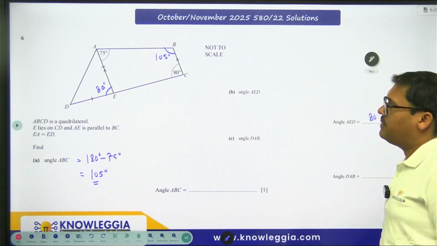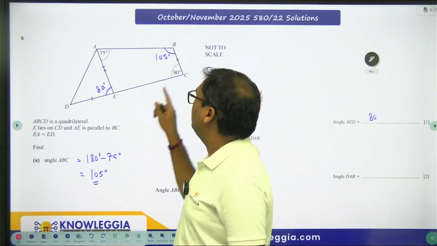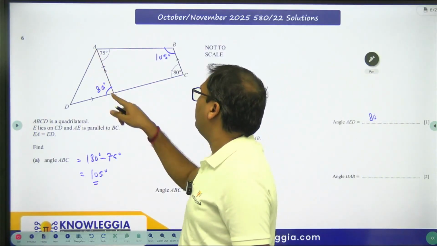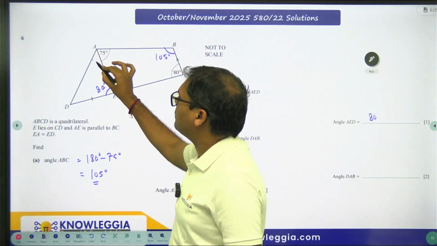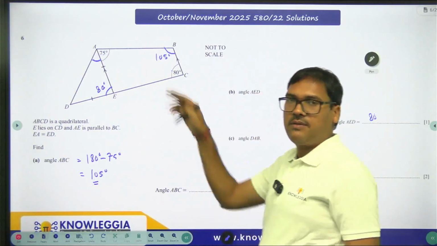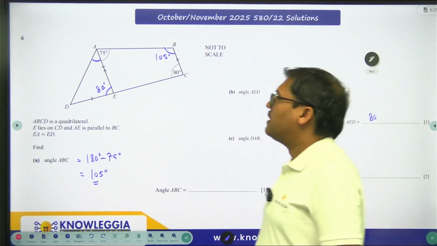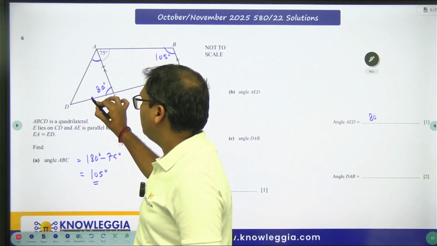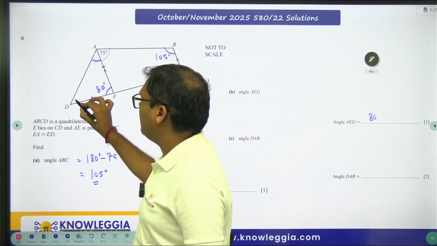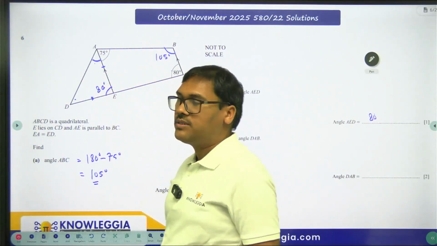Now DAB, angle D, what is D? DAB. You have to calculate the total angle DAB. That means first you have to calculate this angle, because the remaining part is 75. Now, how will you get this angle? So again, this is an isosceles triangle. This side is equal to this side. That means this angle and this angle will be the same. So what is this angle?